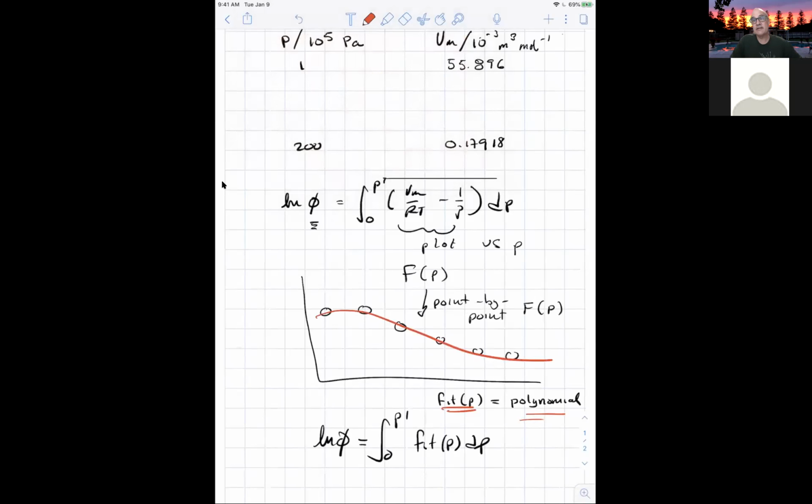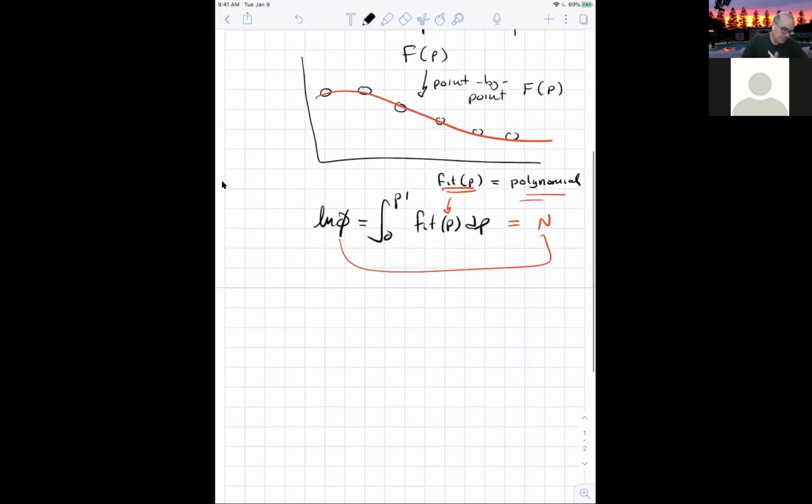So the hard part is doing that. What you want to do is figure out what these values are. The first thing you should probably do is a sample calculation.